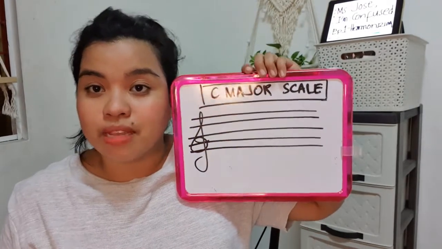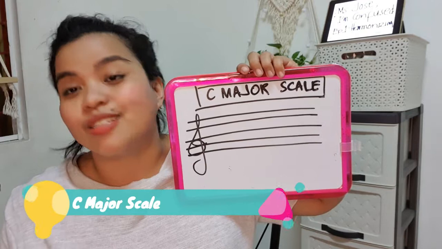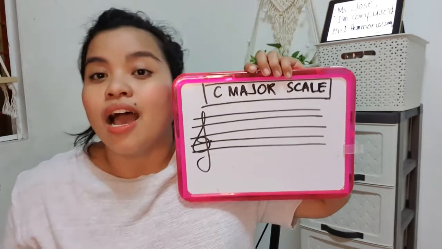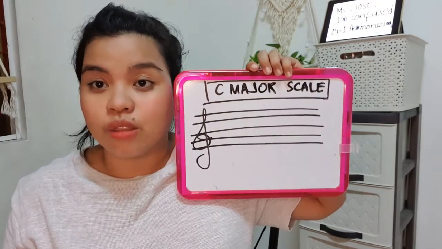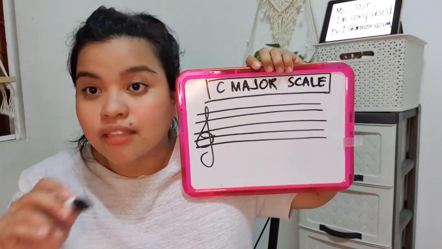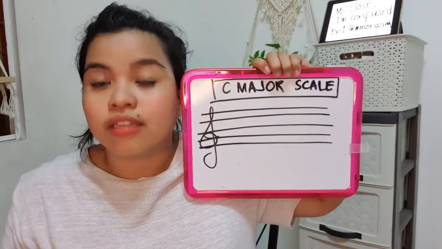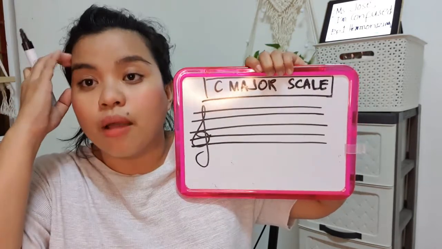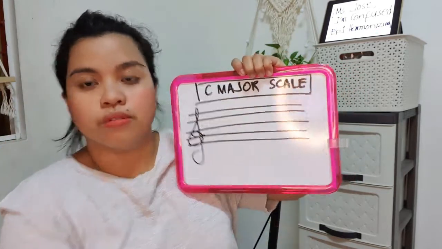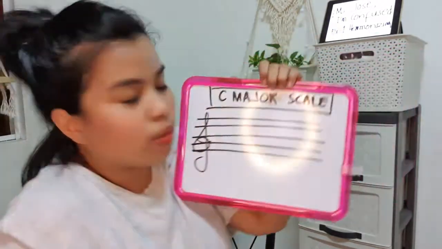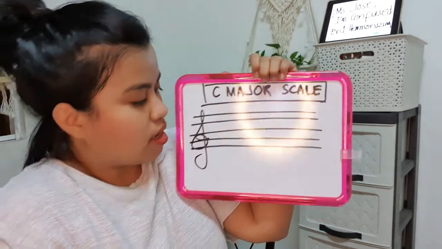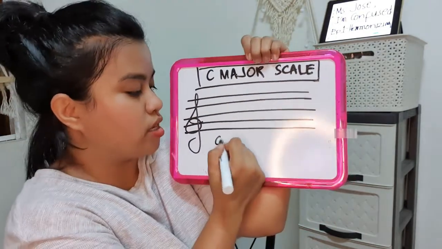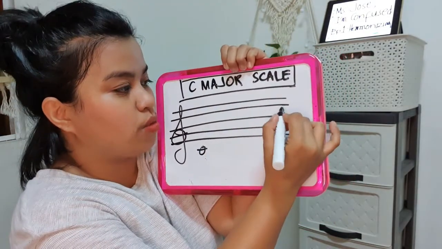Okay, the most basic scale is called the C major scale. It starts with C and ends with C. A scale has a set of 8 actual number 8 notes in a row. You know where C is already, and it ends with C as well.